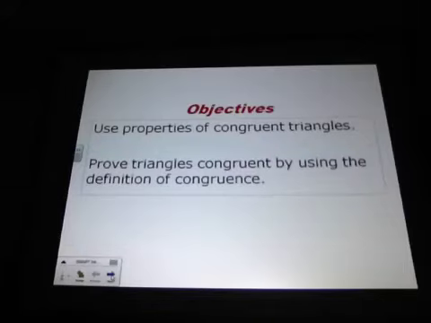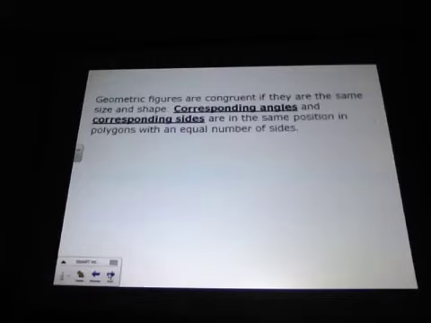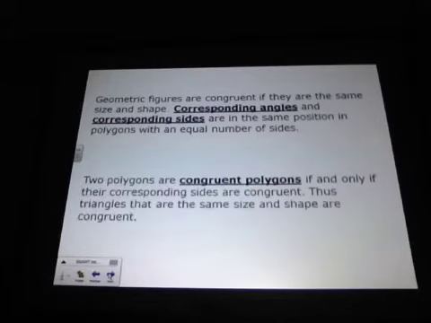Alright, for tonight's lesson, our objectives are to use properties of congruent triangles and prove triangles congruent by using the definition of congruence. Geometric figures are congruent if they are the same size and shape.